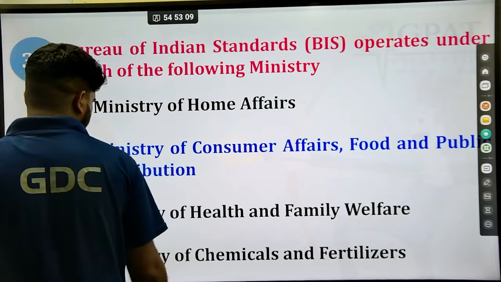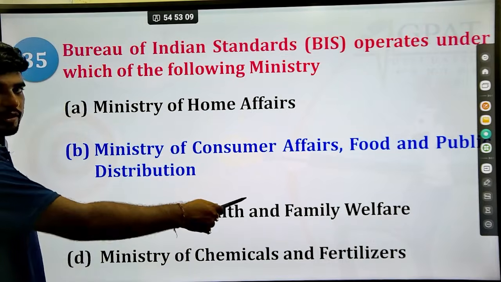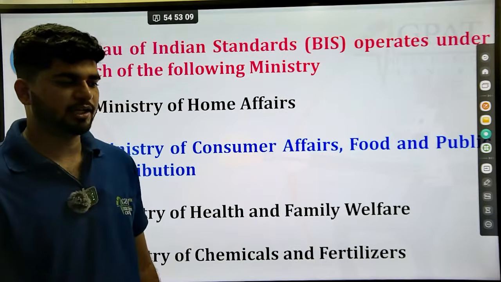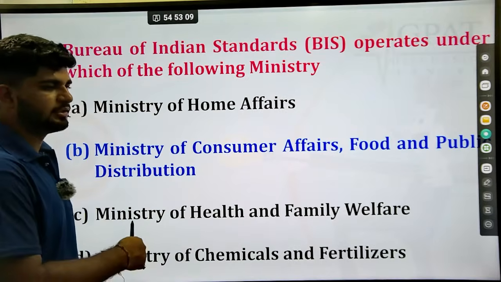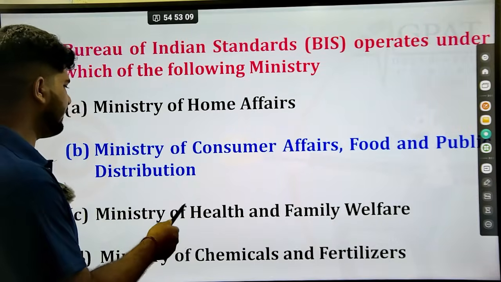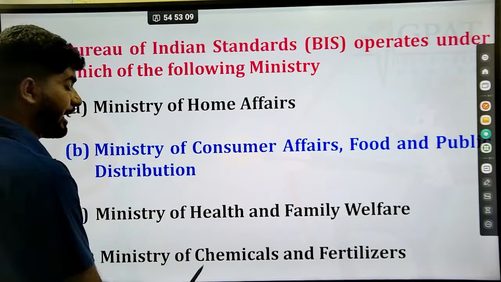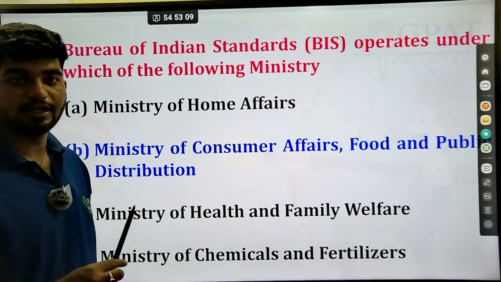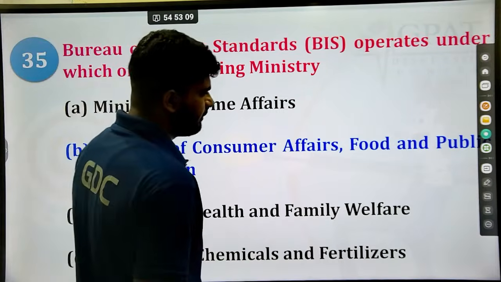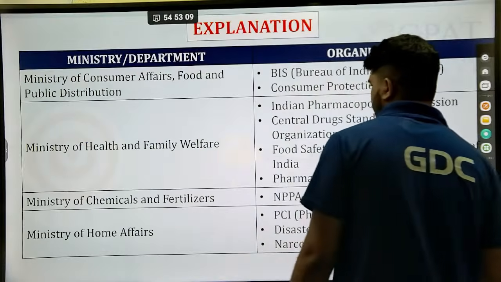If I talk about clinical trials and CDSCO, Central Drugs Standard Control Organization, that comes under the Ministry of Health and Family Welfare. If I talk about NIPERs, National Institute of Pharmaceutical Education and Research, that comes under the Ministry of Chemical and Fertilizer. Make sure you remember this one.